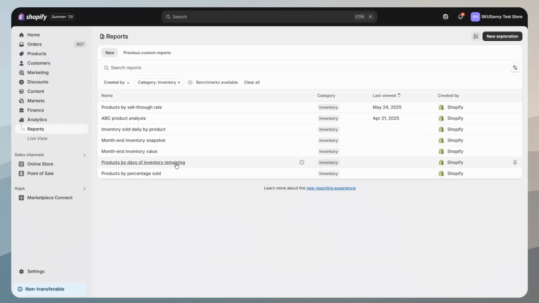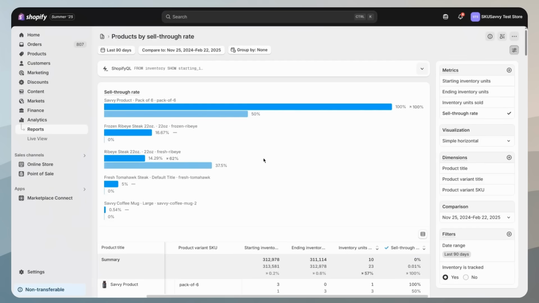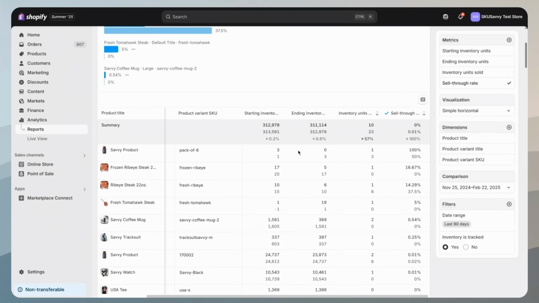So between these two reports here, we can start to build out some kind of forecasting rules, but really we're going to need to do a lot of number crunching. We would need to export this and look at, what are our inventory units on hand and how fast is that selling.